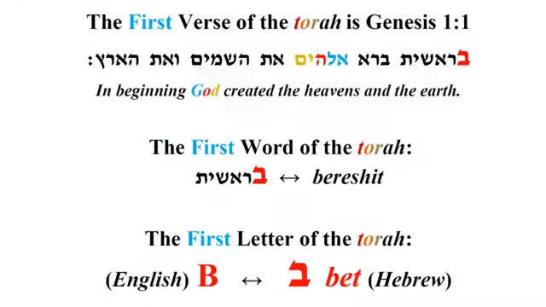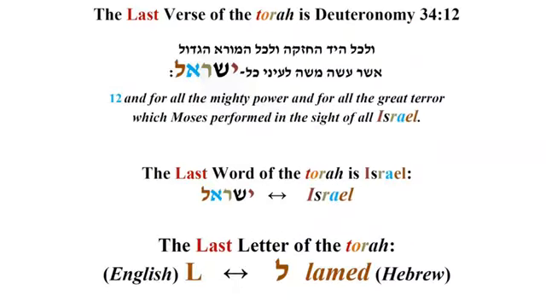Now, the first word of the Torah we said was Bereshit. The first letter of the Torah is a Bet. Okay, let's look at the last letter of the Torah. This would be at the end of Deuteronomy 34:12. The last word of the Torah is Israel, and so the last letter is a Lamed. Remember, the Lamed is the shepherd's staff.